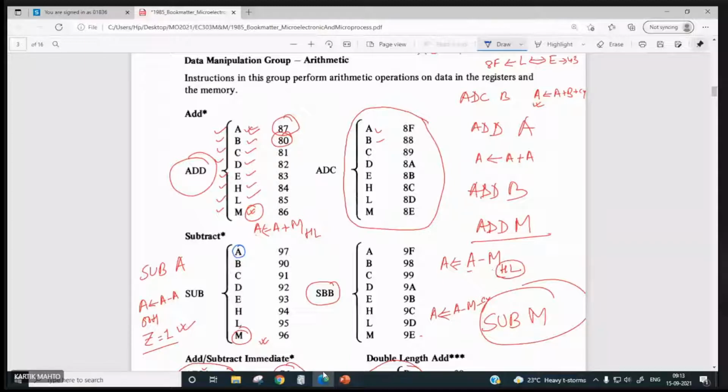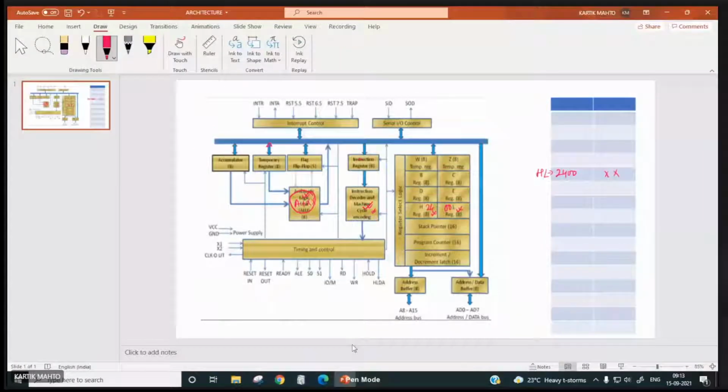Whenever 97 is there in the instruction register, this opcode will be decoded, and the processor will understand the content of the accumulator. Suppose A is 55. So this 55 will be copied over here. Now A minus 55 will be done. So 55 minus 55 will be 0. So 0 will be stored back in the accumulator. And during this, the zero flag will be set to 1.